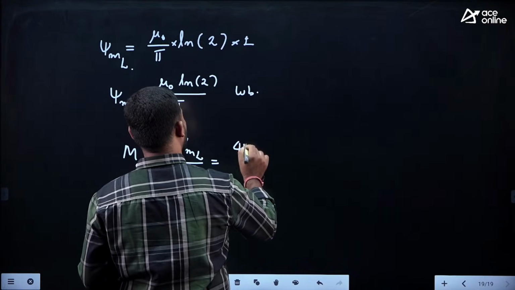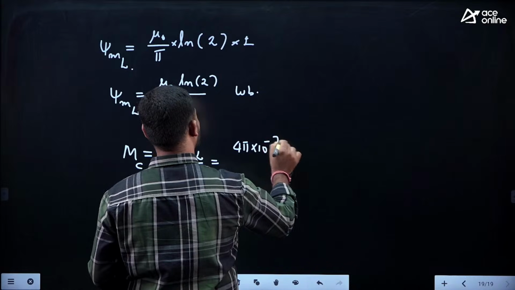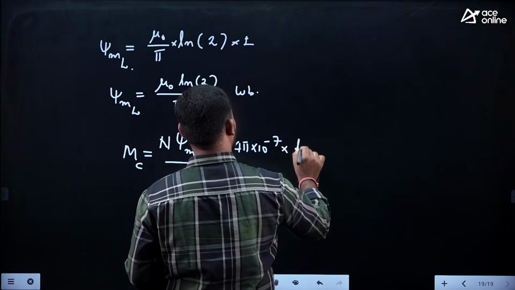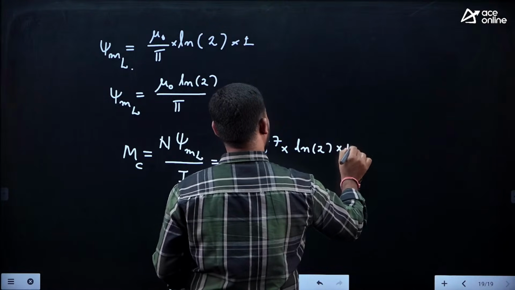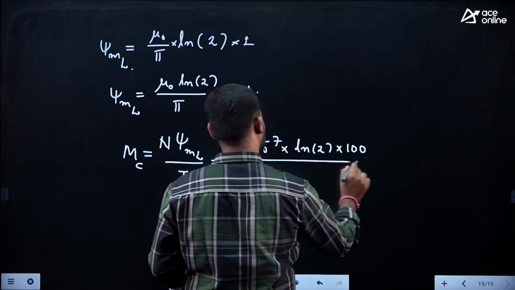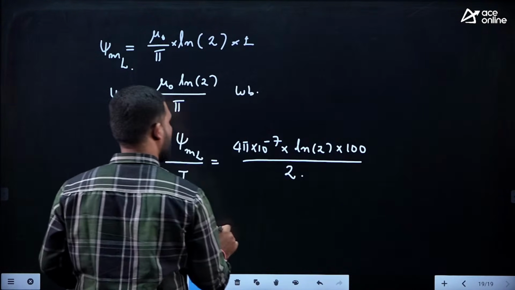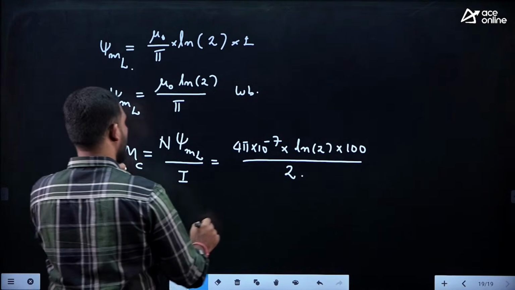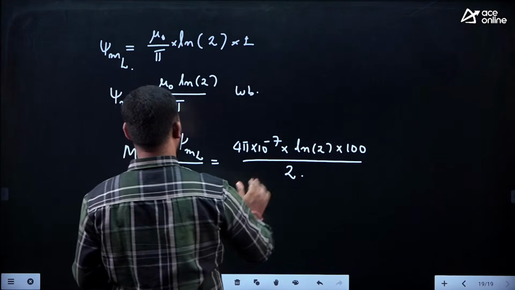So it is 4 pi into 10 to the power of minus 7 into natural log of 2 into 100 divided by 2. Don't forget there is a pi. Just a second, let me correct myself.